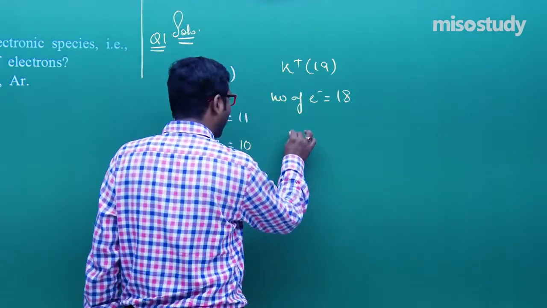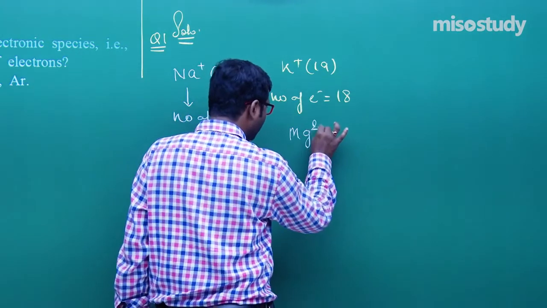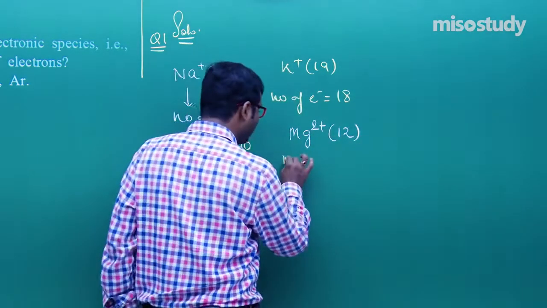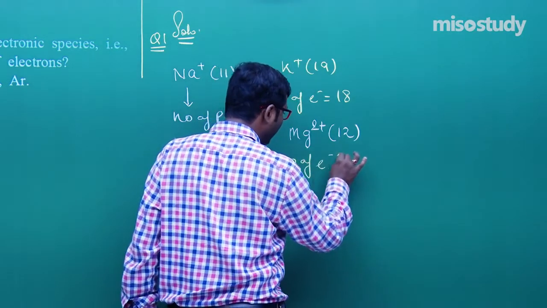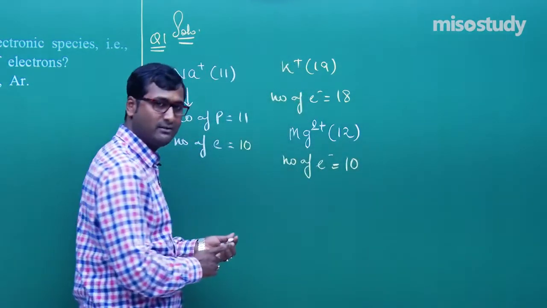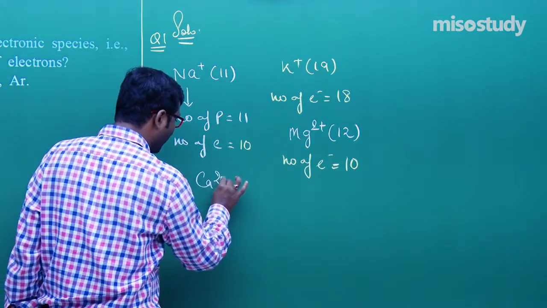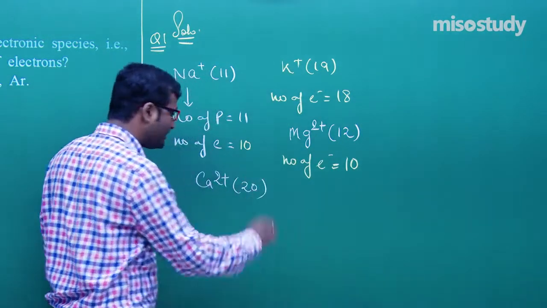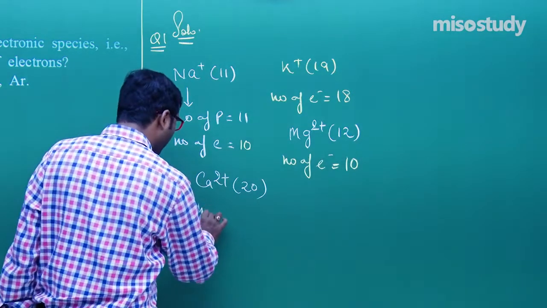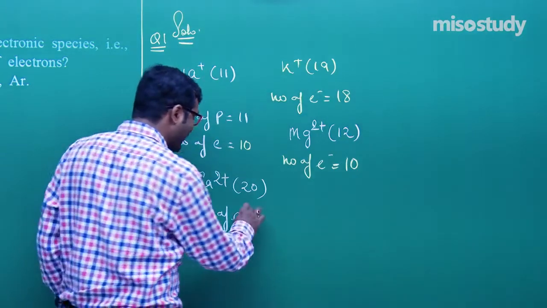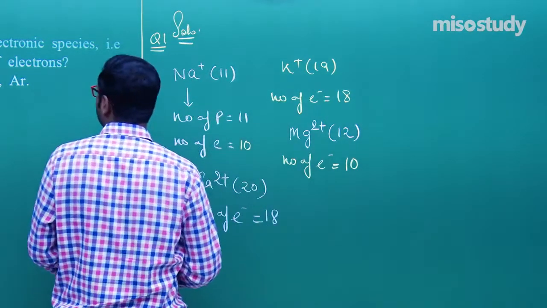If I talk about Mg2+, as we all know, it has atomic number 12. And what is the number of electrons in this case? The number of electrons is 10, because of the +2. If I talk about Ca2+, it has atomic number 20. What is the number of electrons in this case? The number of electrons is 18. Clear to you?